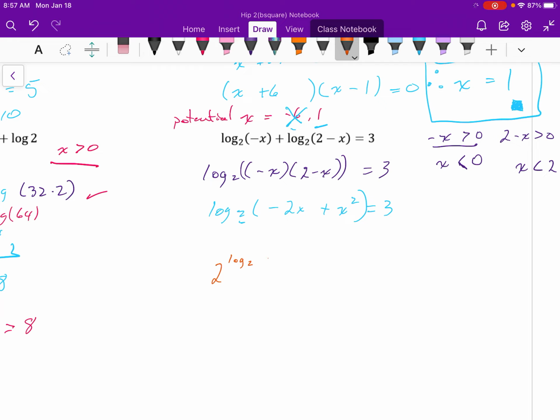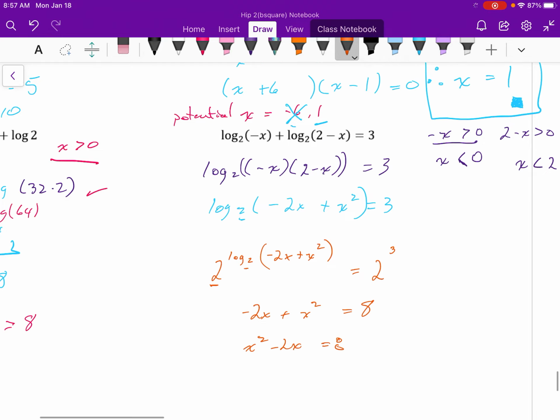So we write it base 2, so 2 to the power of log base 2 of minus 2x plus x squared is equal to 2 to the power of 3. So in essence, both sides of the equation became our exponents. On the left-hand side, 2 to the power and log base 2 are inverse functions of each other. So really what we get is negative 2x plus x squared is equal to 8.